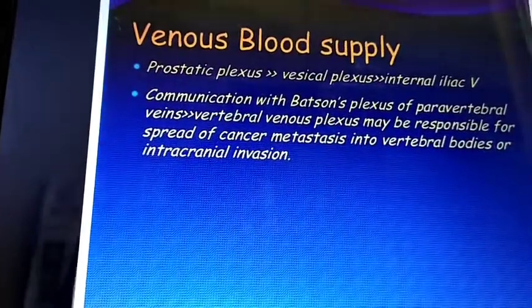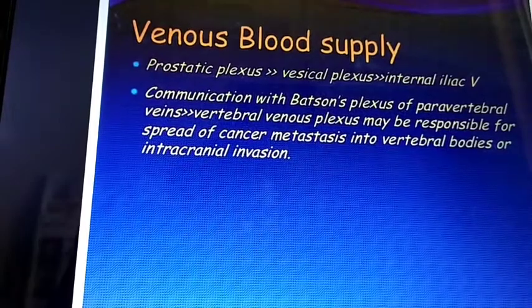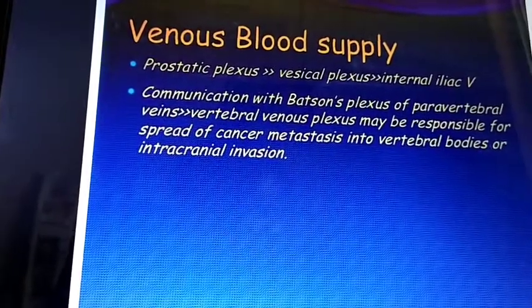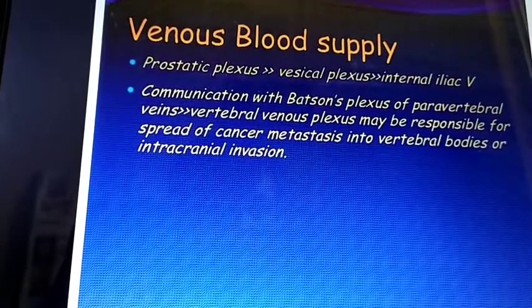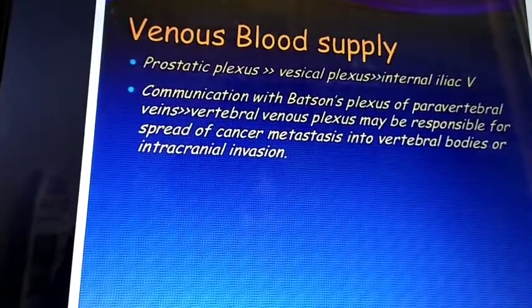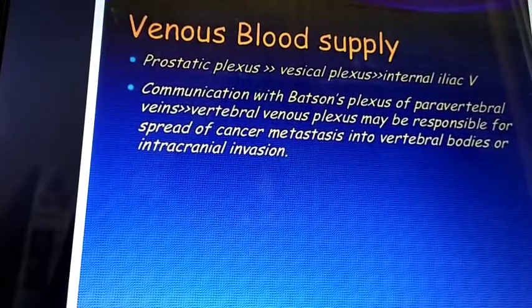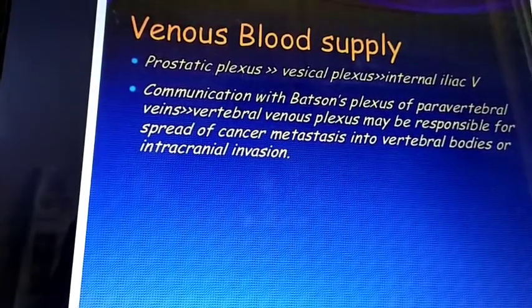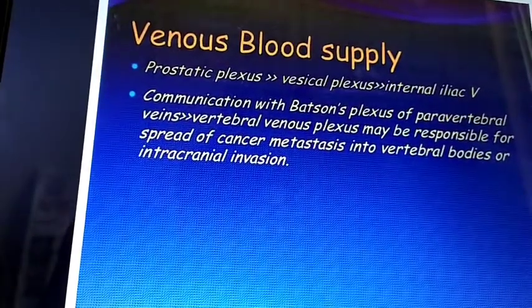There is the vesical plexus to the internal iliac vein. The communication with Batson's plexus of paravertebral veins and the vertebral venous plexus may be responsible for the spread of cancer or metastasis into the vertebral bodies or intracranial invasion.